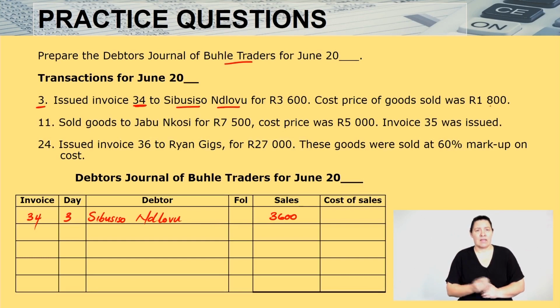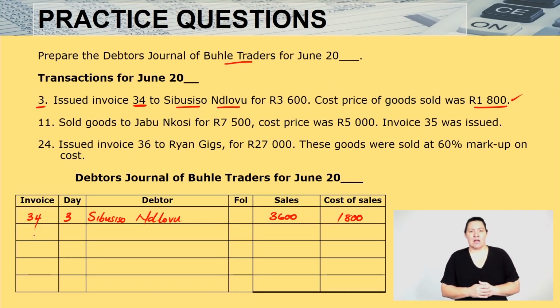And they have given us the cost price, which is 1,800. So this one is much easier. The cost price is already given, 1,800. Let us now go to the next aspect.